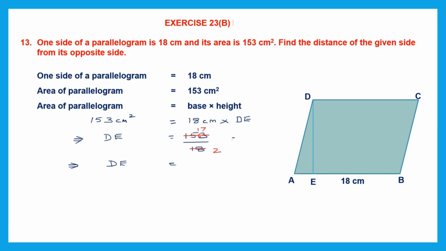So now it's become 17 divided by 2. This division is very easy, isn't it? 17 divided by 2 will give us 8.5. So 8.5 centimeters is the distance of the given side from its opposite side, or the height is 8.5 centimeters.